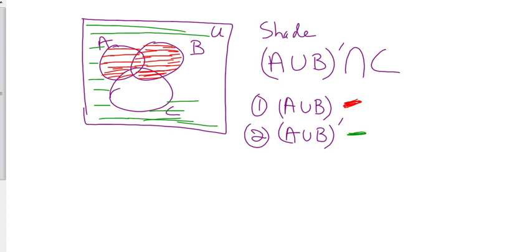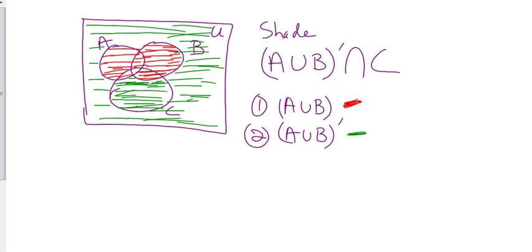So it's all the outer part, right? And this part of C. Okay, so you good? So everything that's green is A union B prime, right?